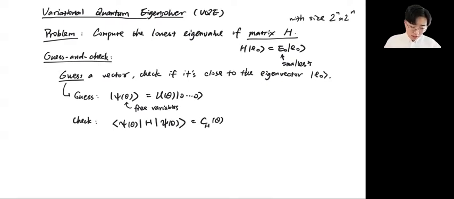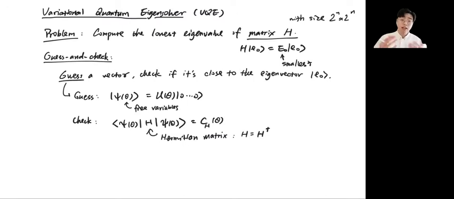The assumption is that the matrix H is a Hermitian matrix. And again, the definition of a Hermitian matrix is that the matrix itself is equal to its conjugate transpose. With this assumption, now we can view the matrix H as a measurement using that observable on a quantum computer.